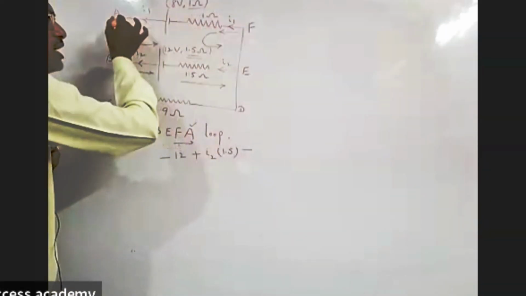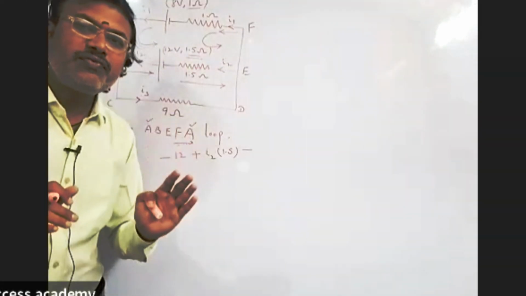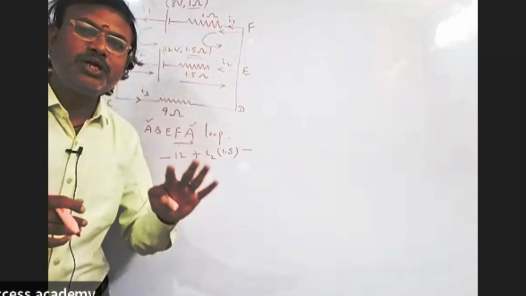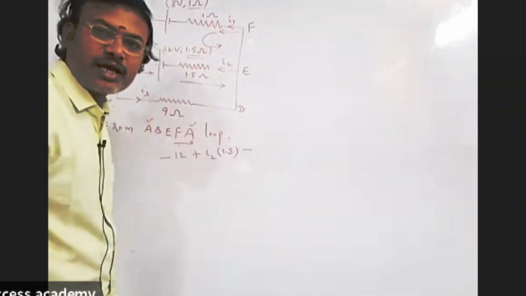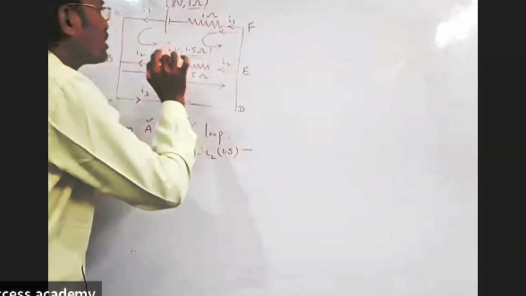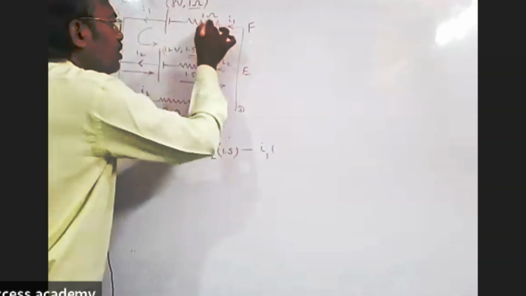Your moving direction and the direction of the current both are the same. If the direction is the same as the direction of current, then the potential difference is negative. So minus. Now what is the current here? I1. And what is the resistance here? 1 ohm.